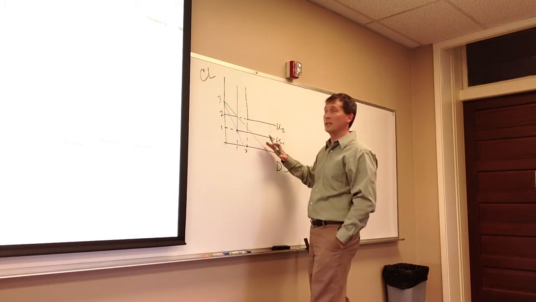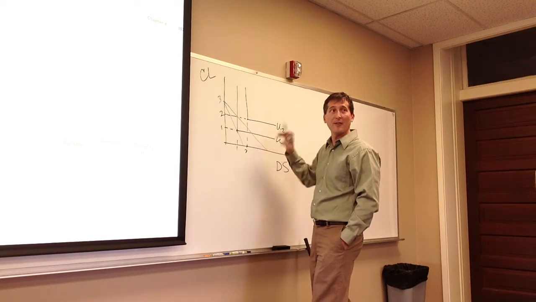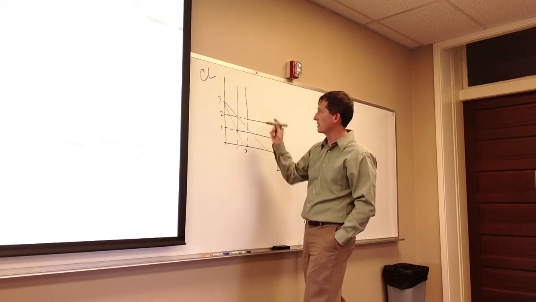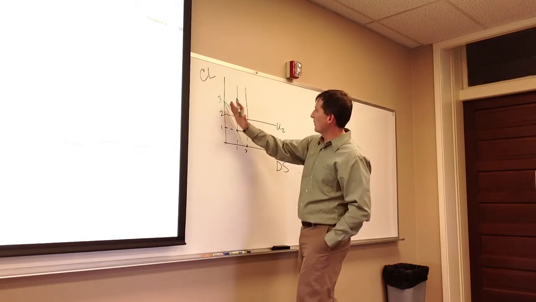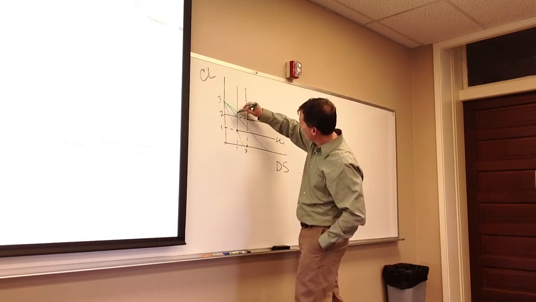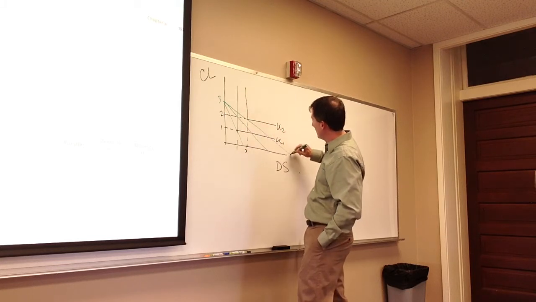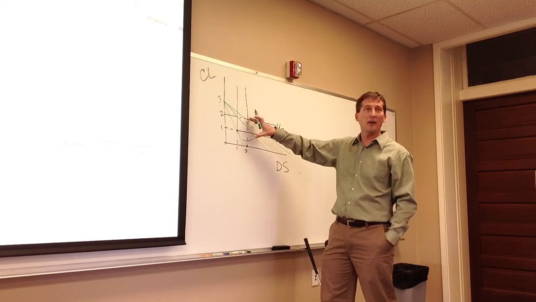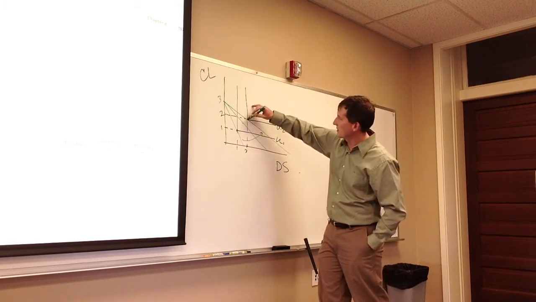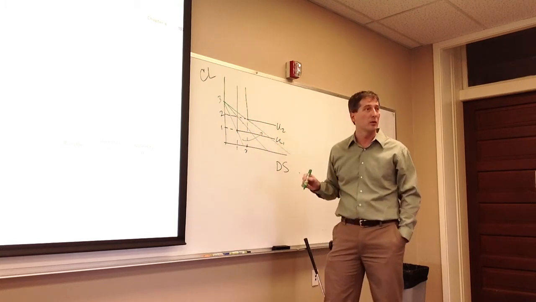That price decrease does nothing for me if I have to consume them in these incremental units, assuming I can't have 1.6 cufflinks, right? So the price ratio would have to change to there. The price of dress shirts would have to fall enough for me to now consume 2 and 2.